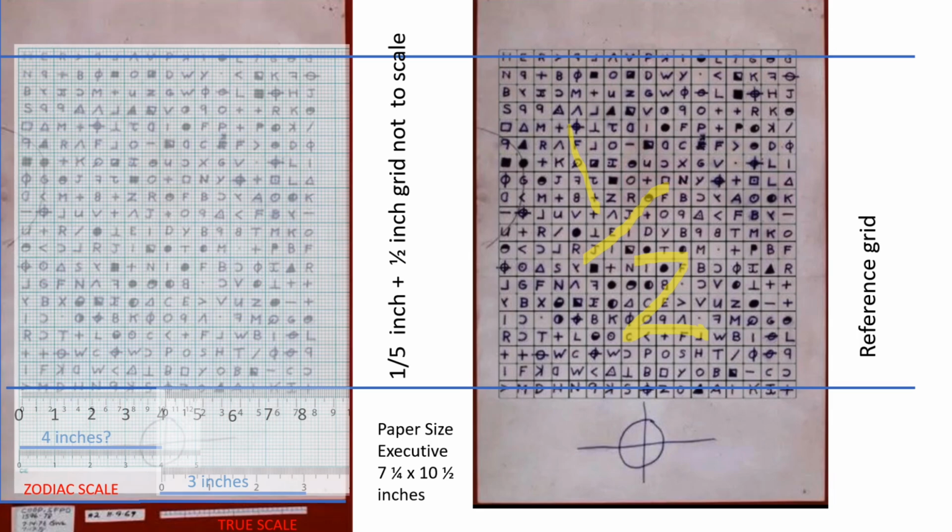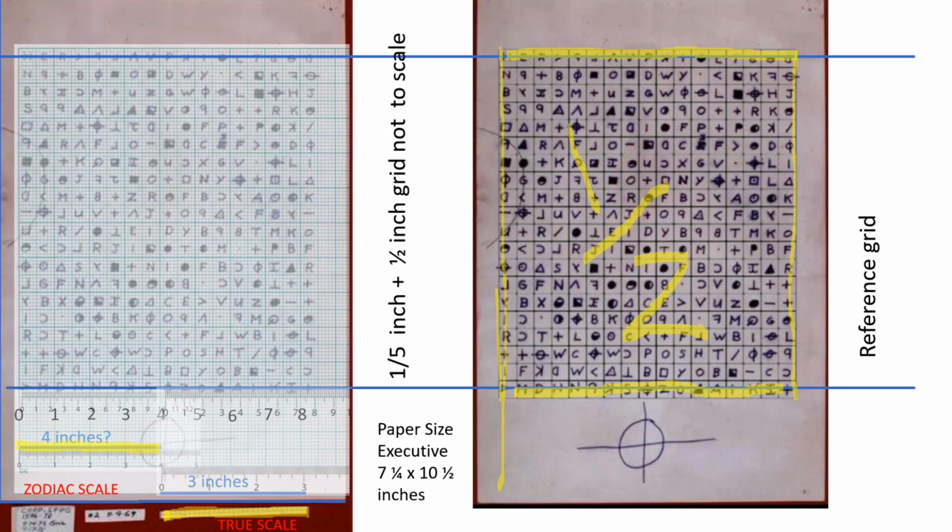The first is that the scale is wrong. I'm not sure if this was drawn with graph paper or just drawn over the top of the cipher, basically matching the scale of the cipher rather than matching the scale of the photograph from law enforcement. But if we take this scale to be true, then we can see that the Zodiac is out.